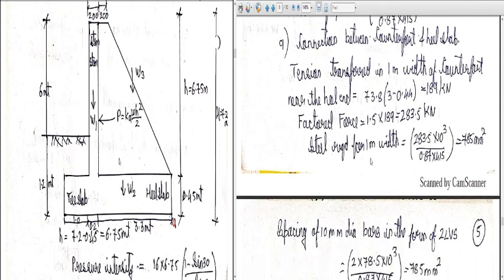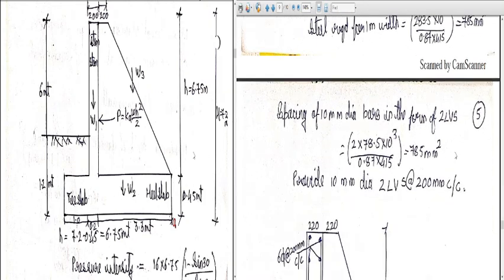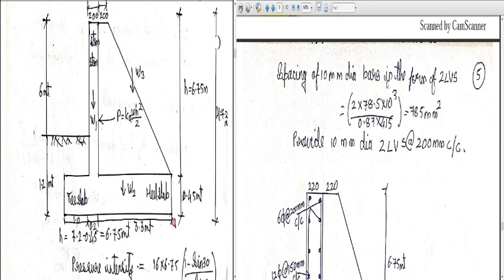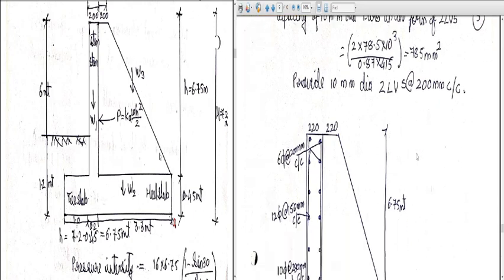Steel required per meter width is 283.5 into 10³ Newton divided by 0.87 fy, so 415, which is 785 mm square. Providing 10 mm diameter bars as two-legged vertical stirrups at 200 mm center to center.